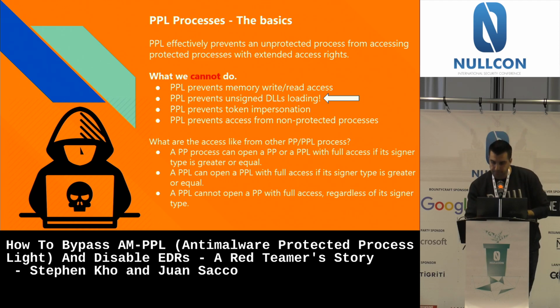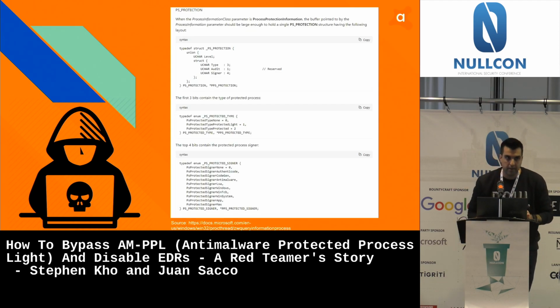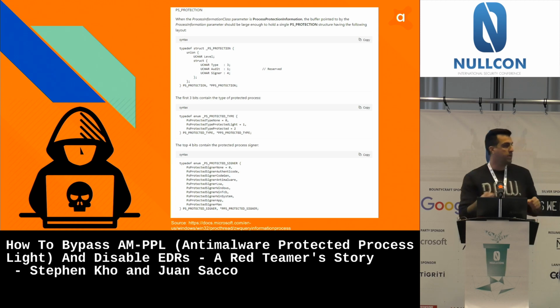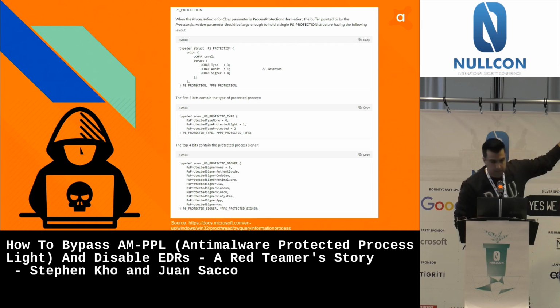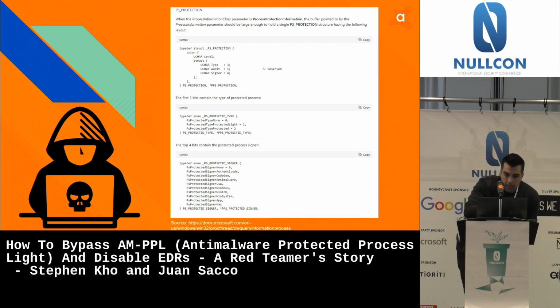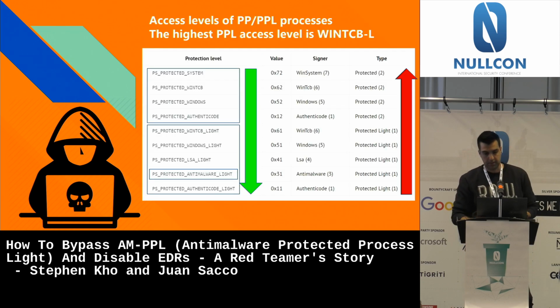I have a Microsoft diagram for that, so I'm going to show it, it's easier to understand. But this is basically how it works, how it's set up. When you try to interact with one of these processes, you will end up using PS protection, calling into that, and then you will have a type and the signer at the top, and at the bottom you can see the different values that we have for the protected processes.